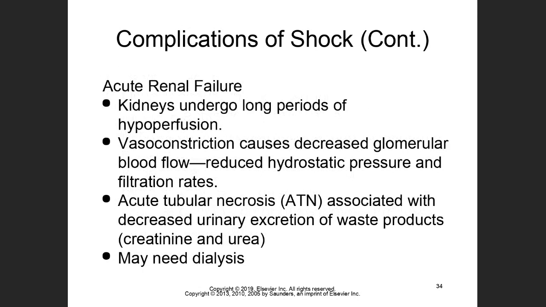Acute renal failure is another complication of those patients that have a lot of problems going on in the body, and the most common one is acute tubular necrosis. Acute tubular necrosis is an intrinsic acute renal failure, and most of the time it's due to hypoperfusion. Right here, you have hypoperfusion, then you develop acute tubular necrosis.